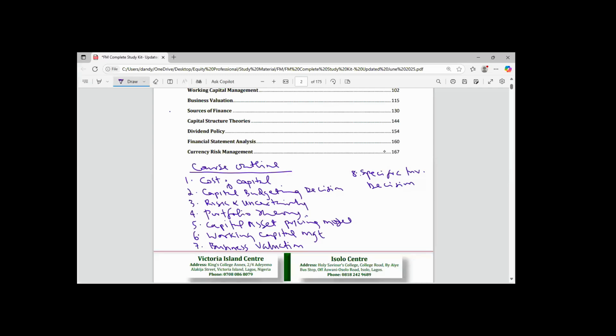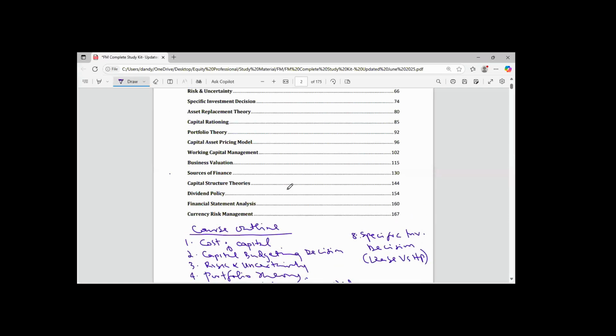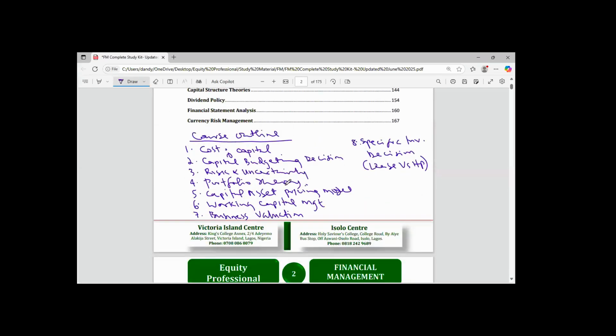One is lease versus hire purchase. The other one is asset replacement decision. Asset replacement decision will be taken by Mr. Ashewaju. I will take you through lease versus hire purchase financing. So these are the scope that I will be taking you during the course of this class.